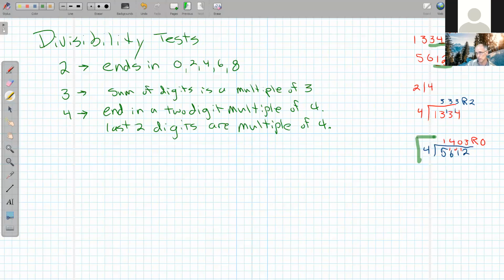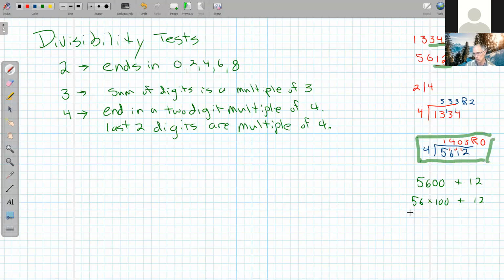Now I showed it with division. I'm going to try and show it without division. It's kind of similar to what Michaela came up with earlier for her reason that 12 goes into 1,020. I can look at the 5,612 as 5,600 plus 12. Now, 5,600 is really 56 times 100, and then plus the 12.